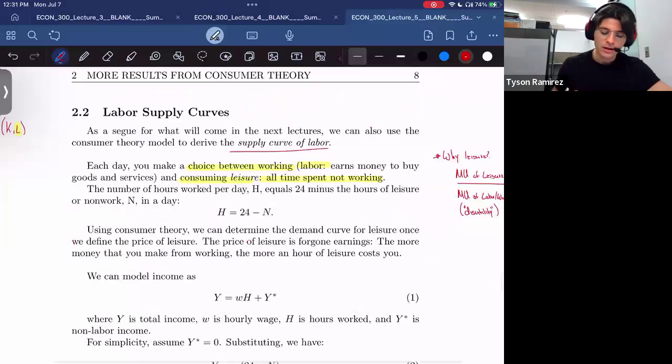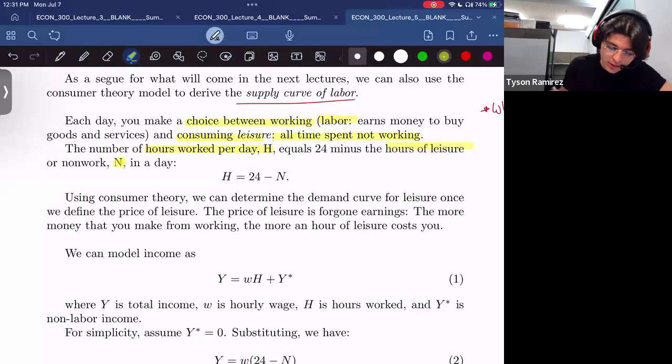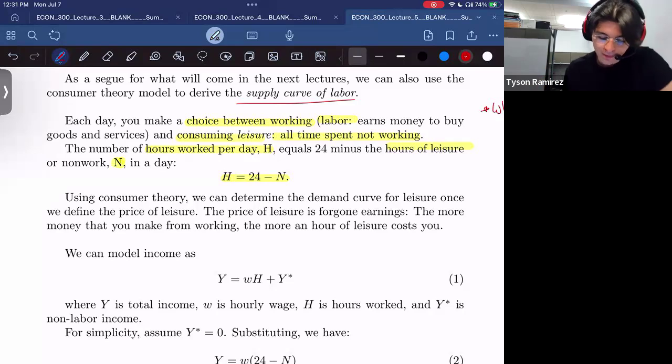Okay. So clearly, if we let H be the hours worked per day, and the hours of leisure is N, then the number of hours you work is going to be capped at 24, minus whatever hours you spend not working. Intuitive. We just needed to put some numbers to things.